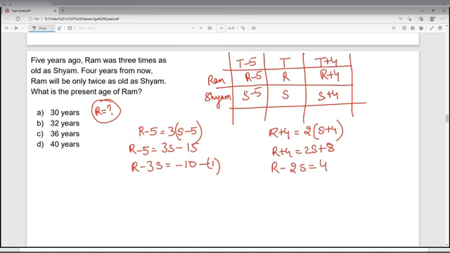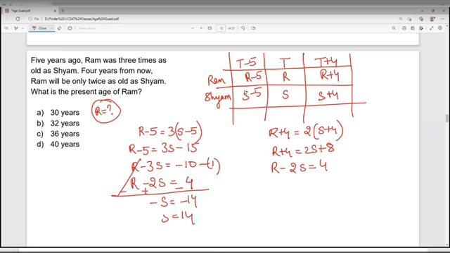You have these two equations. You can bring this here: R minus 2S is equal to 4. Here you can calculate S and then calculate R. So what you can do here is remove R. So you get minus S is equal to minus 14. That is S equal to 14. Then you can put it here.